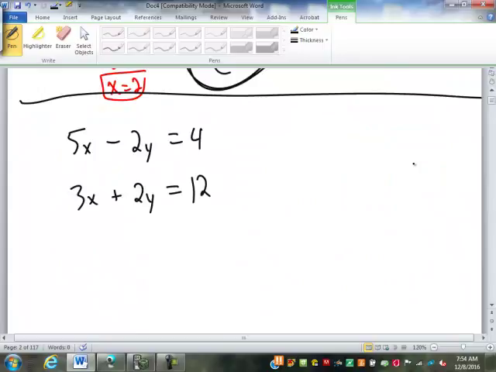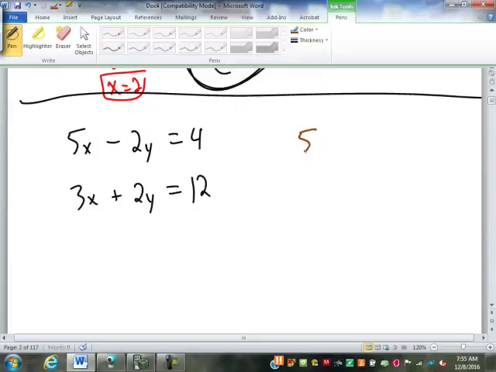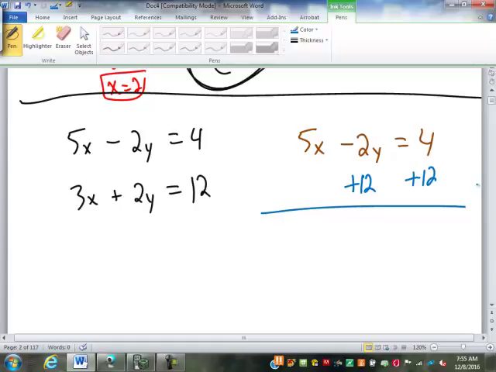So what I want to do down here is I want to take this top equation and I want to subtract. I'm going to write it over here. In fact, I'm not even going to subtract. What I'm going to do is I'm going to actually add 12 to both sides. But now here's the thing. We've seen that you can substitute, right?